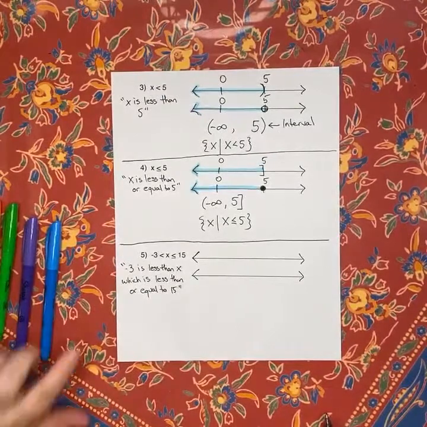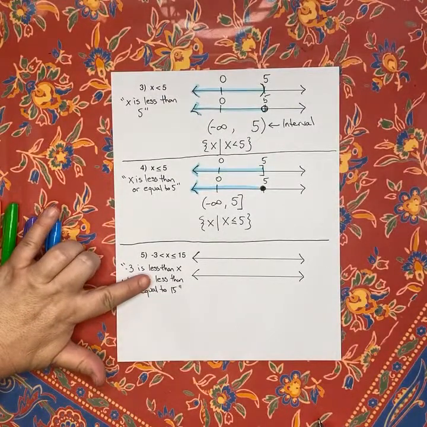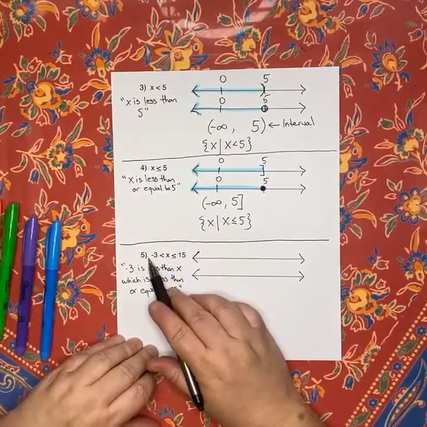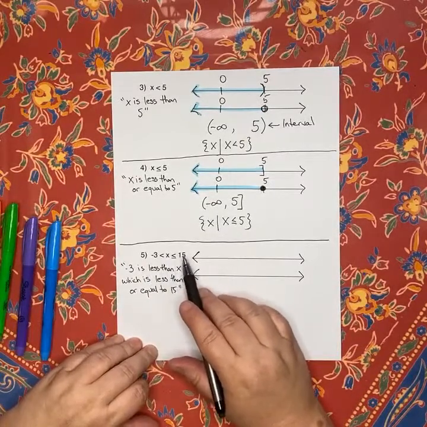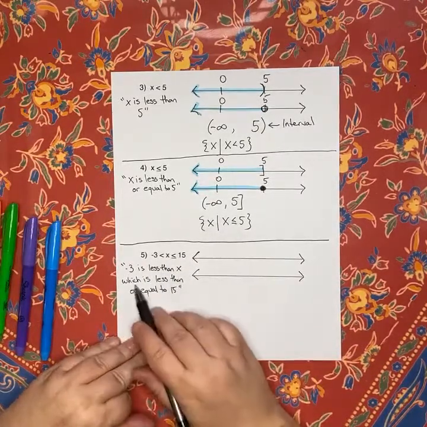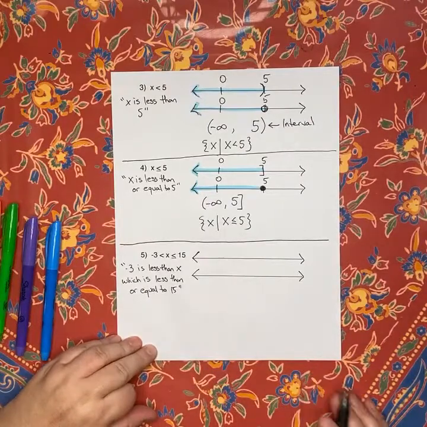Now, I put the "which is" in. A lot of people leave that out. So they would say -3 is less than x is less than or equal to 15. So they wouldn't try to make it as English as I try to make it.